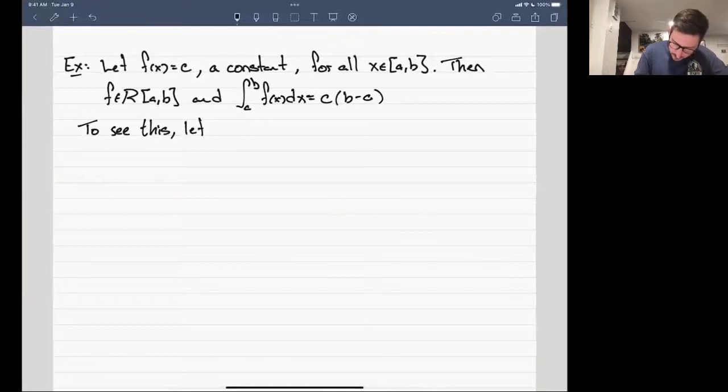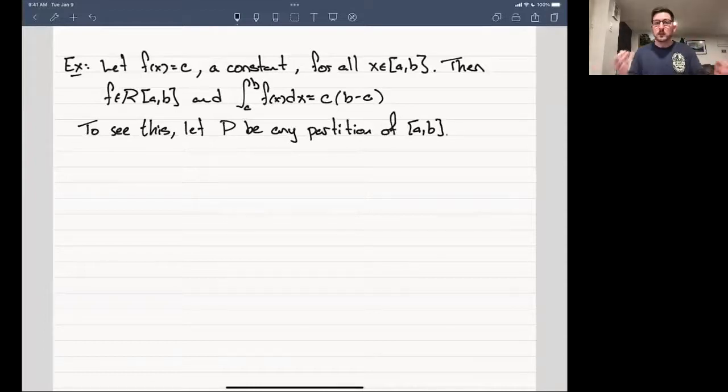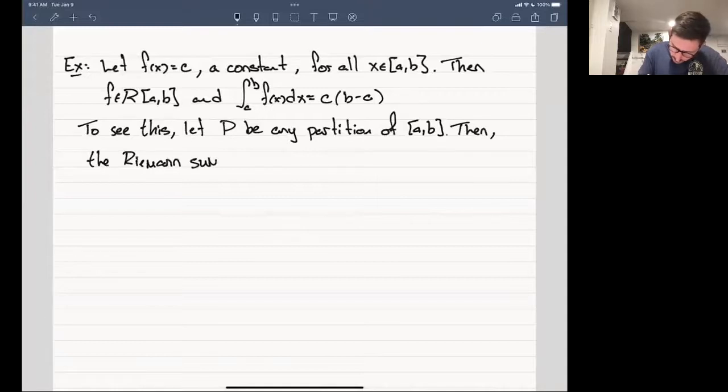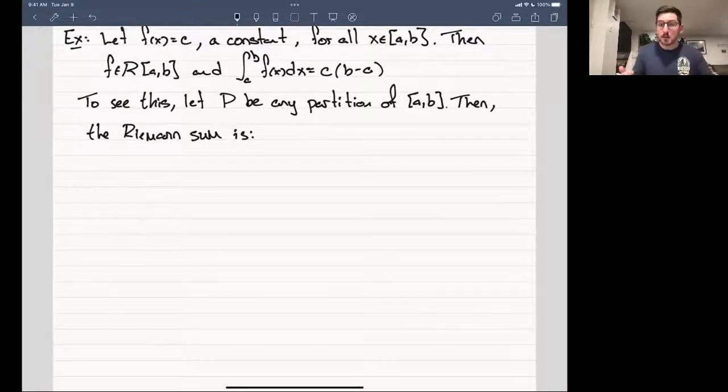And to see this, we can let P be any partition of AB. It doesn't matter what it is, but let's just take a look at this. Well, then the Riemann sum here is going to be completely independent of P. So let's see why.